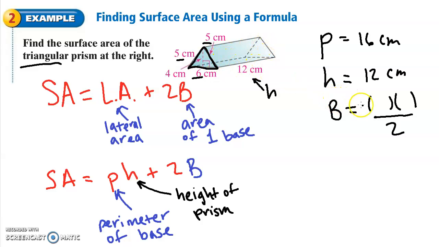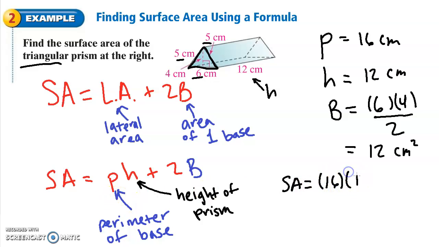The area of the base for this triangle is going to be the base, which is 6 centimeters, and the total height of the triangle is 4 centimeters. So it looks like this is going to be 12 centimeters squared. That means the surface area is going to be the perimeter, which is 16, times the height, which is 12, plus 2 times 12.